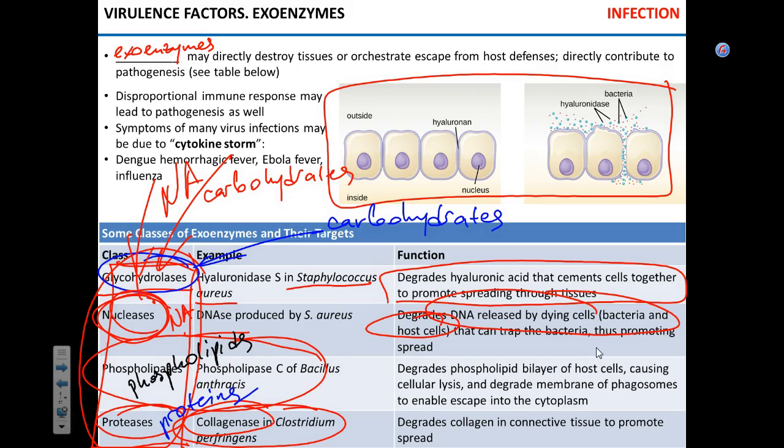This often is referred to as cytokine storm. You may have heard about diseases like dengue. Well, you definitely have heard about Ebola. The general consensus is that most of the symptoms of Ebola virus infection are due to your own immune system. Same goes for dengue virus.